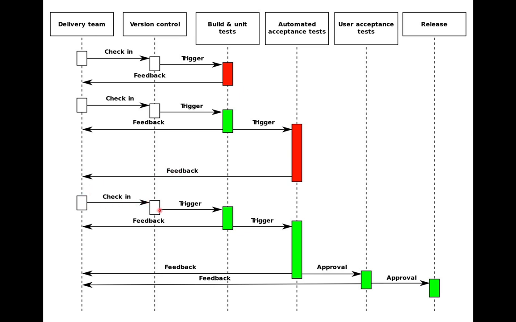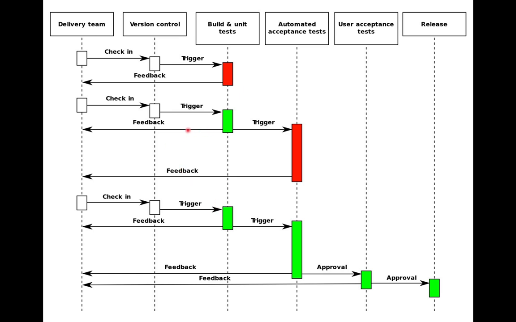They checked in their code, and it triggered the build stage. It passed, triggered acceptance tests, triggered a user acceptance test stage, and then finally was released. The one thing I want you to take away from this diagram is to note that every single time the pipeline is triggered, the pipeline begins at the very first stage all over again.